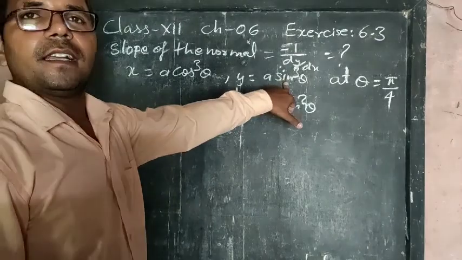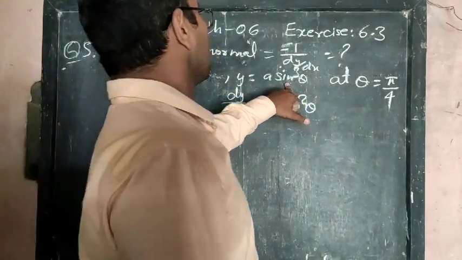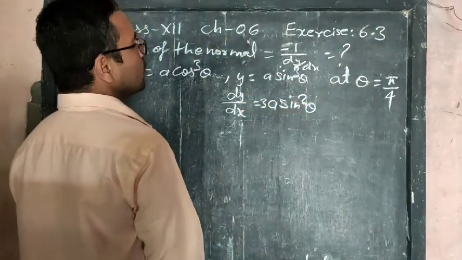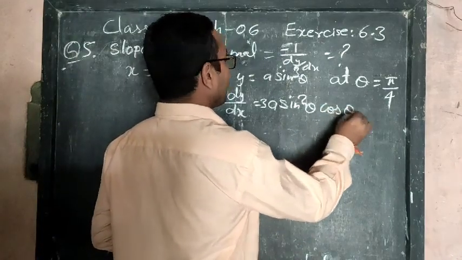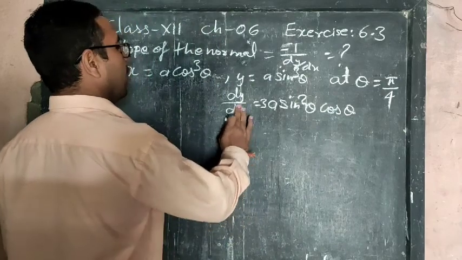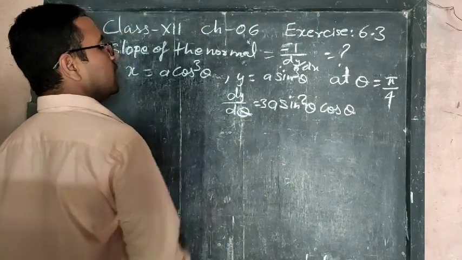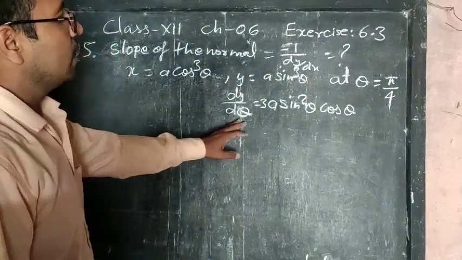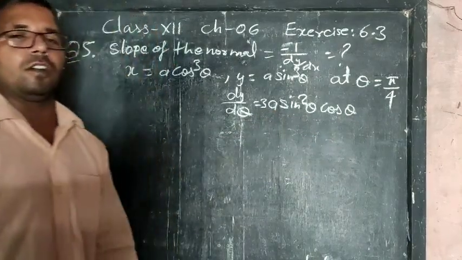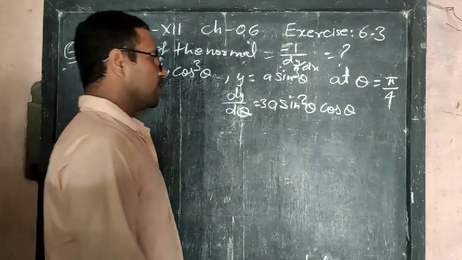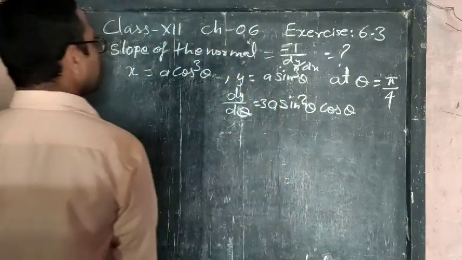But this was not theta, it is sin cube theta, so again differentiate this one. Sin theta differentiation you will get cos theta. So dy by d theta is equal to 3a sin square theta into cos theta. Keep this one as equation number first.